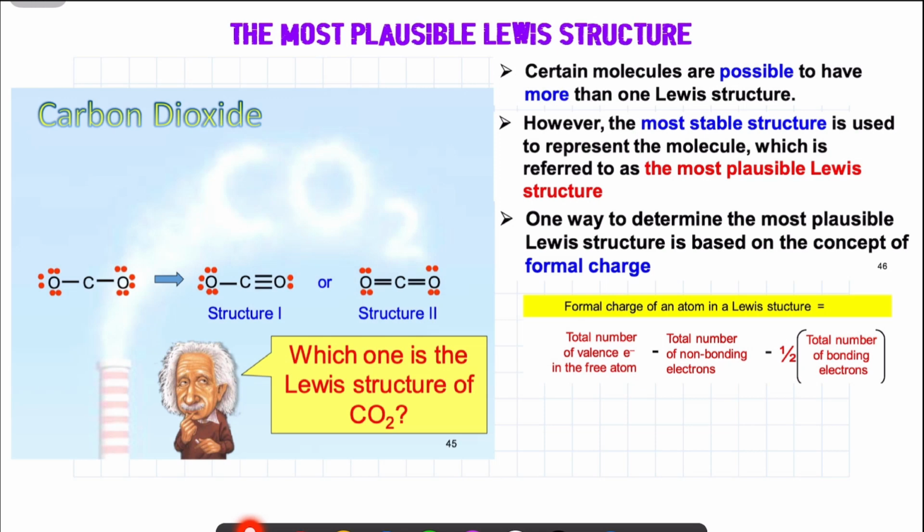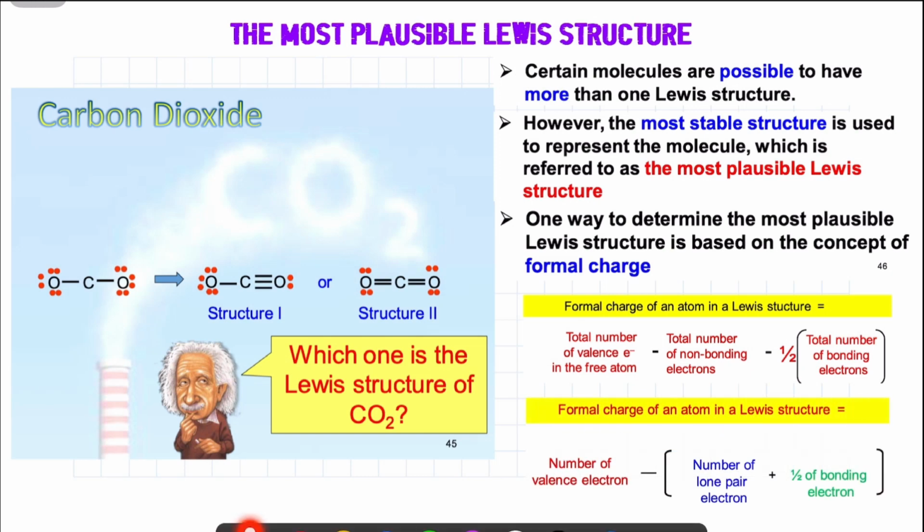Or you also can use this formula: number of valence electrons minus the number of lone pair electrons and half of the bonding electrons. So let's see the formal charge for carbon dioxide.